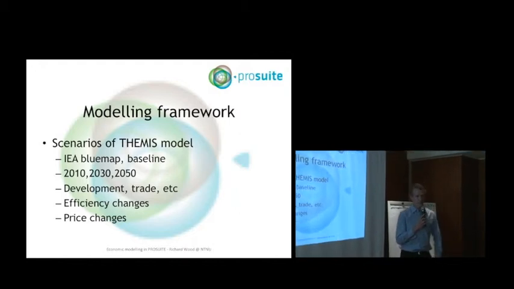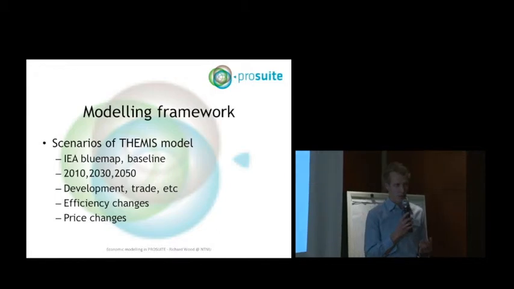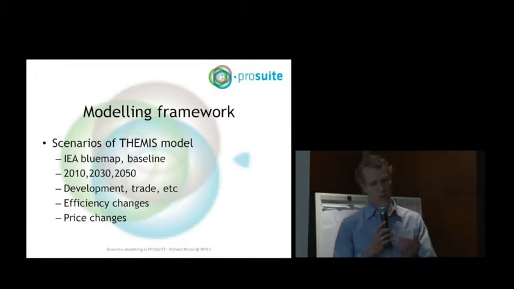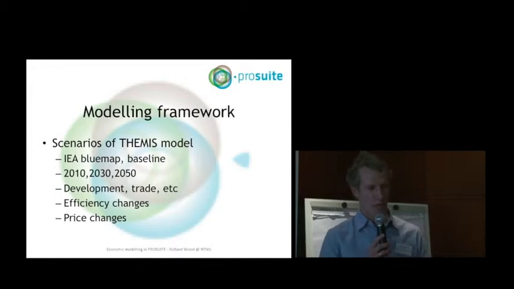So we didn't want to endogenize the growth of the economy based on the prospective technology. Knowing that there are certain pathways for development that are probably going to occur, we should do our assessment against a range of different scenarios.